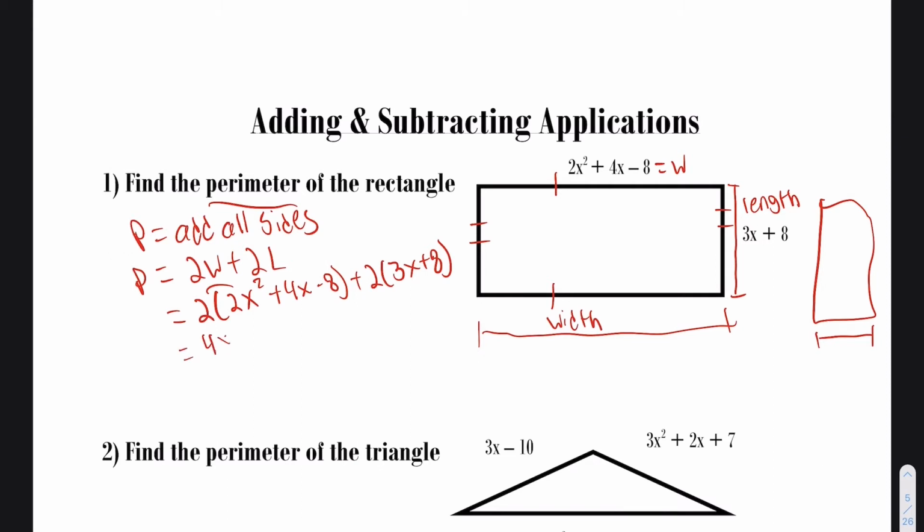That's 4x squared plus 8x minus 16 plus 6x plus 16. I have a minus 16 and a plus 16. Those will balance out. And then I have only a single 4x squared. And I need to add together the 8x and the 6x. Those together make 14x, so the perimeter is 4x squared plus 14x.